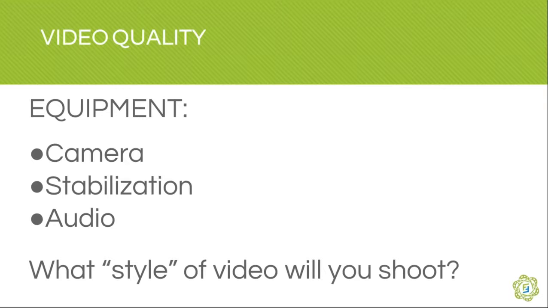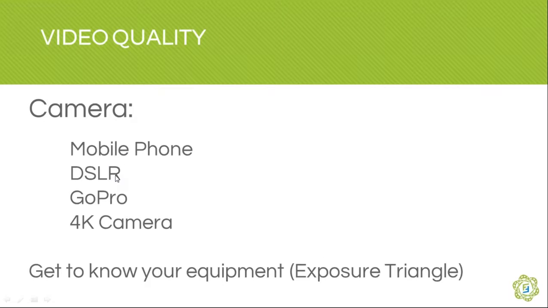But then, work on getting to know the equipment, getting to know the exposure triangle. There are different settings on your cameras, and I'm not going to get into all of these with you right now, but there are different settings that you can adjust so that you're getting a better video, better and non-pixelated.